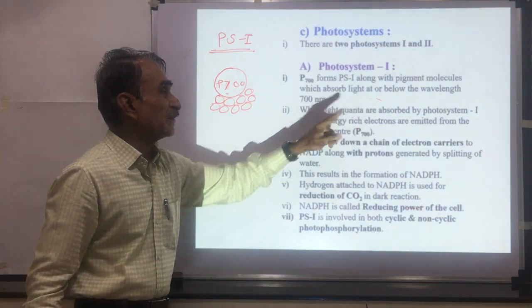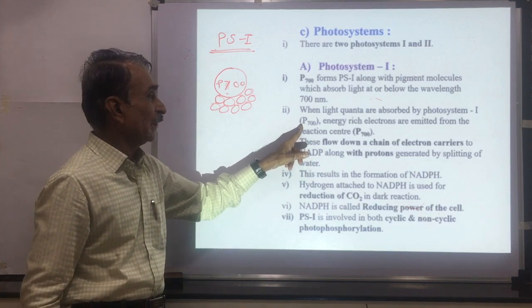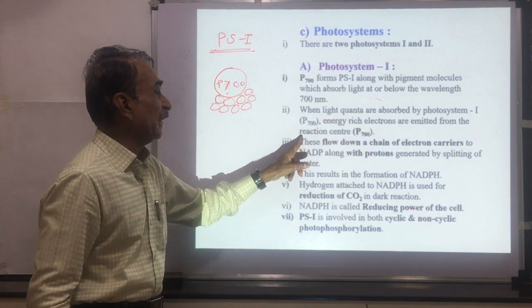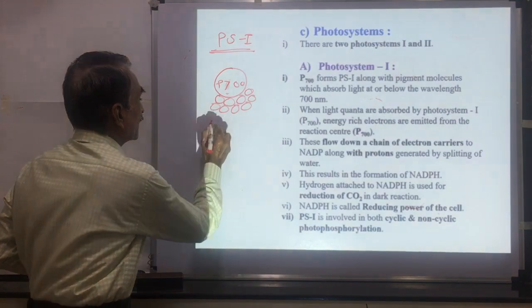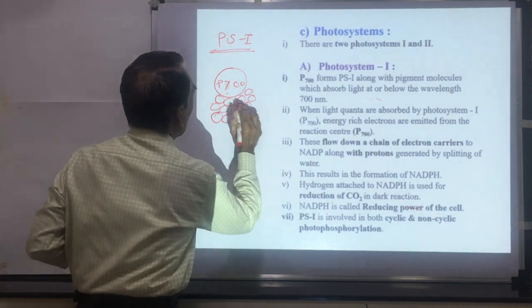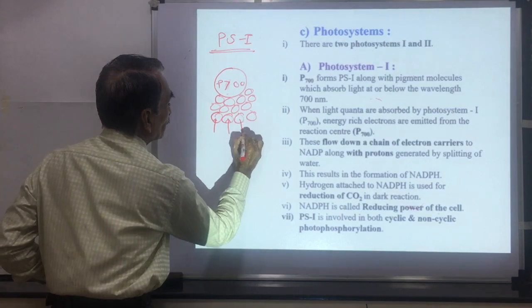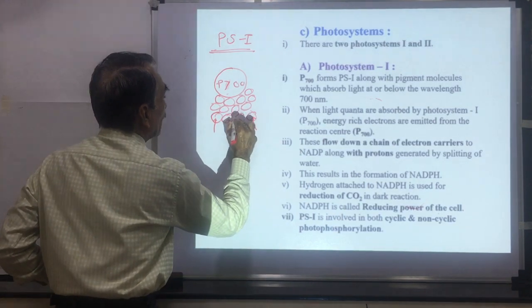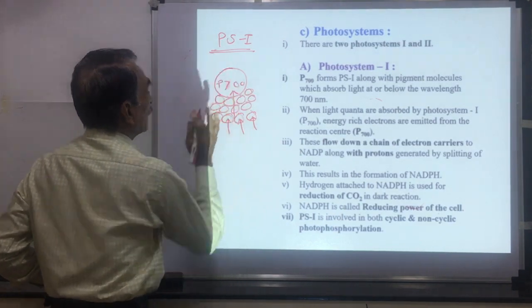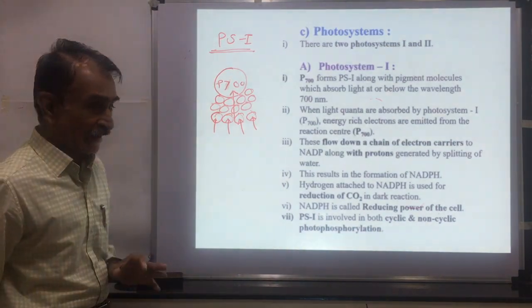When light quanta are absorbed by photosystem first, energy-rich electrons are emitted from the reaction center. You must see the meaning of this word. These are the accessory pigments. Accessory pigments absorb light energy. This light energy is finally transferred to the reaction center, P700.